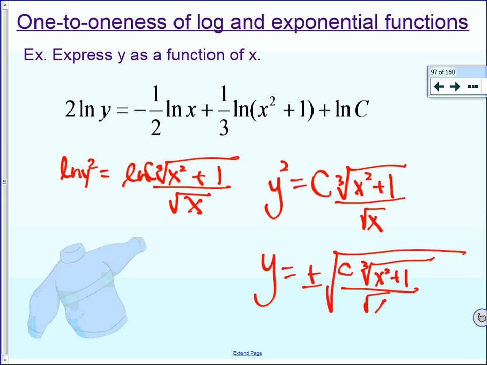So because you were able to write both sides as ln, this is good. So this does not require simplification. We're just going to call this good.